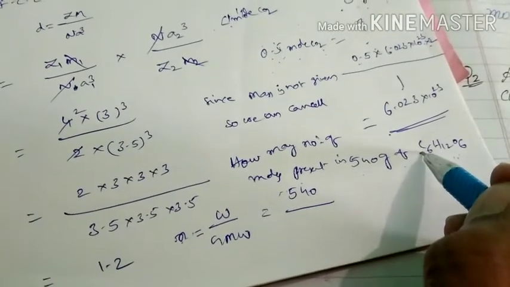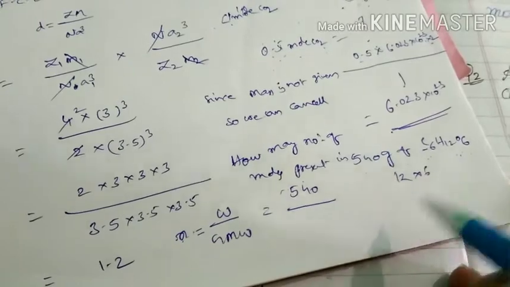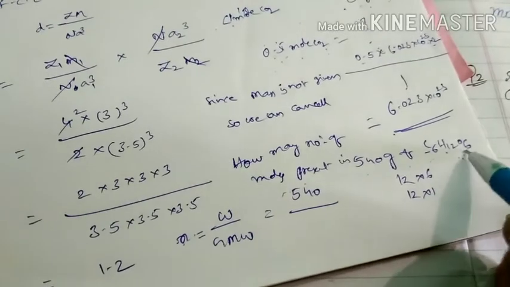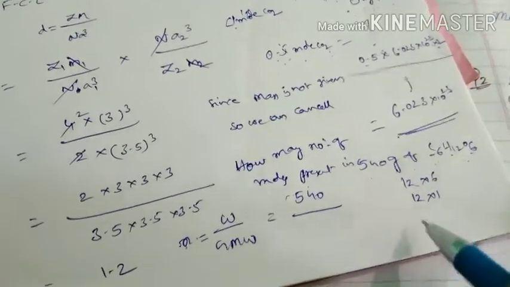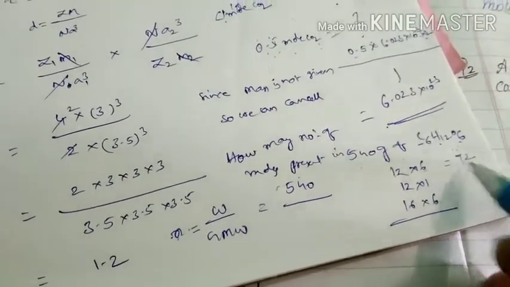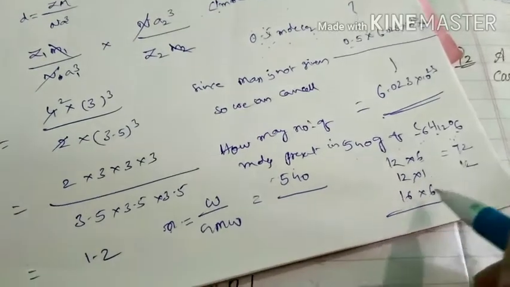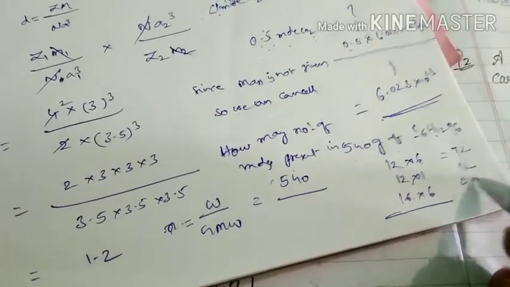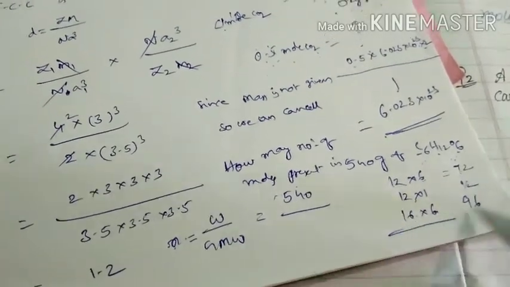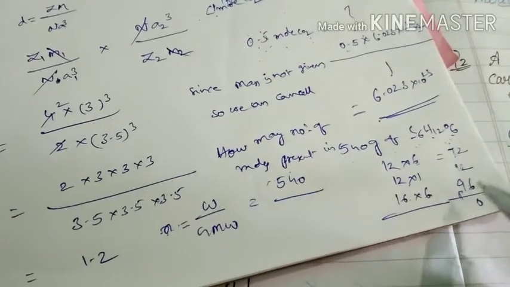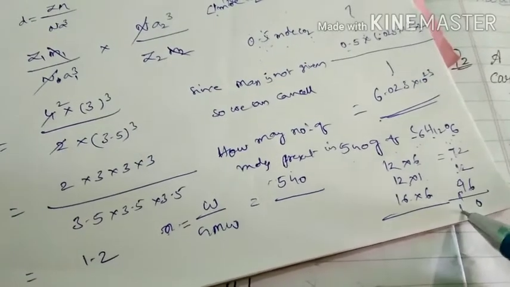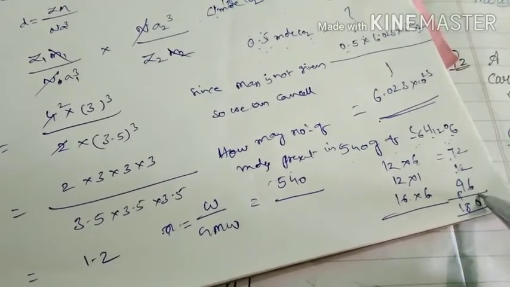For carbon, atomic weight 12 into 6, which is 72. For hydrogen, atomic weight is 1, so 1 into 12, which is 12. For oxygen, atomic weight is 16, so 16 into 6, which is 96. Adding 72 plus 12 is 84, plus 96 gives 180.